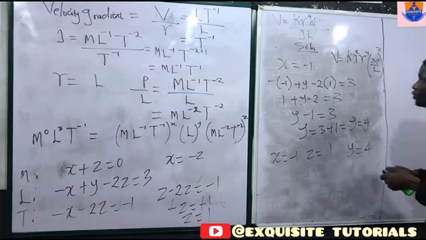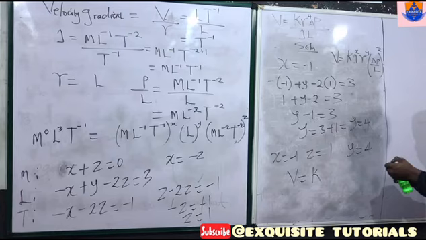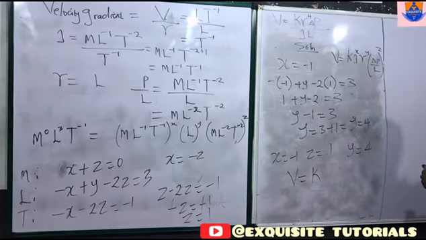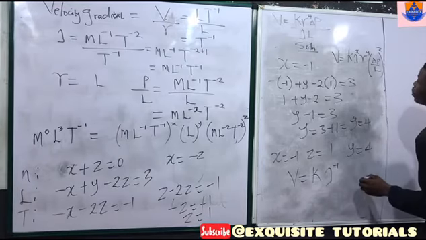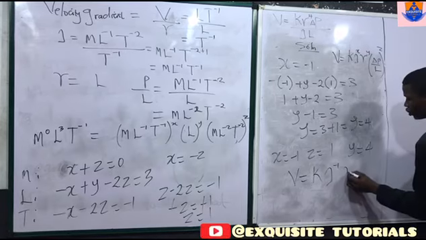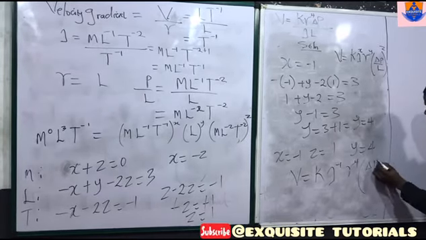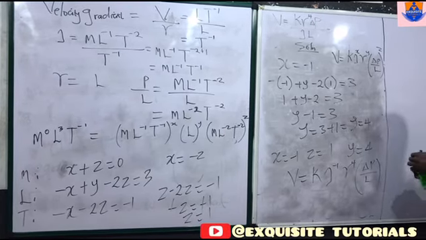So I will now have v is equal to k. This time you introduce your constant because we are trying to get the actual formula. So it will now be k mu raised to power minus 1, arrow raised to power 4, and delta p over L raised to power 1. So we don't need to write that one there.